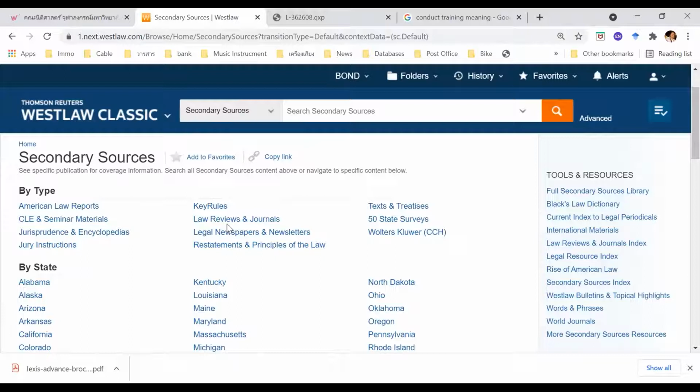But law review and journals is not enough, as it is specific to only US journals and US law reviews.